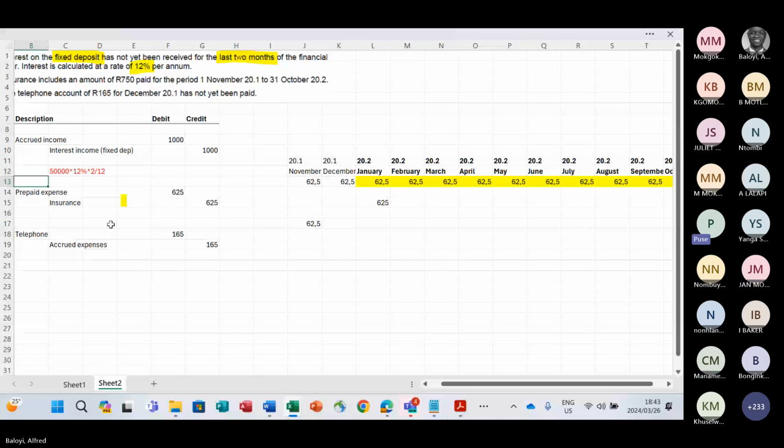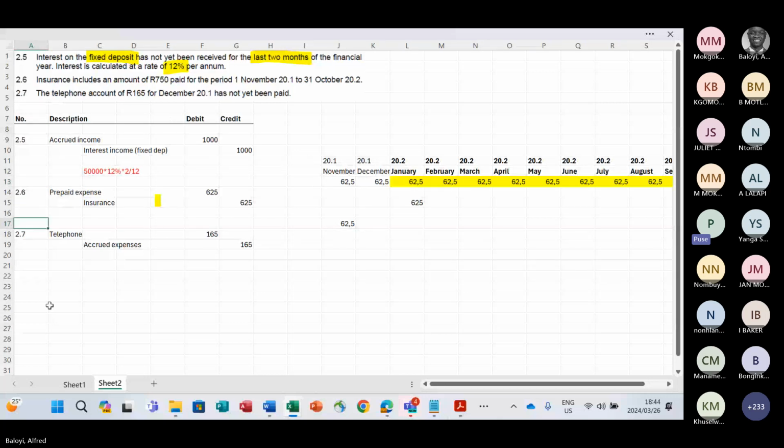Okay, it's not a question but a statement of which I'd appreciate it if you can confirm what I'm going to say about the insurance statement. So basically, if you're given a question like this one, you first have to calculate the amount accounted for the current financial year, and take the amount that you calculated and times it with the months of the next coming financial year that you are given, like the 10 months.